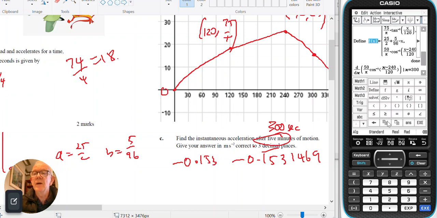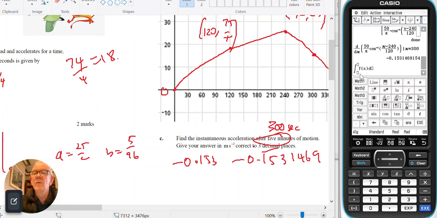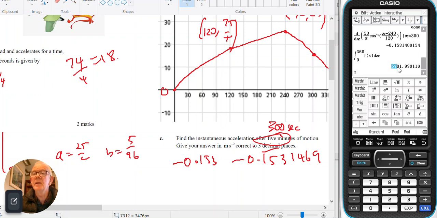I wonder if I can integrate f of x from 0 to 360 with respect to x and get an answer. I did. 5791.99.